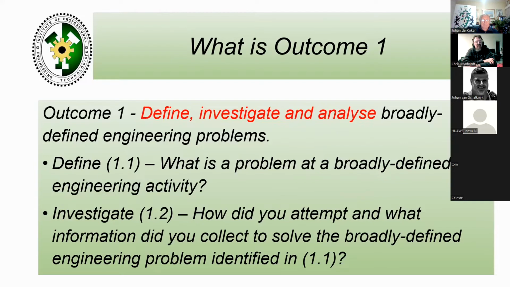Define is sub-item 1.1: what is the problem in a broadly defined engineering activity? What do you identify? What is the problem that you saw? Investigate, 1.2: how did you attempt, and what information did you collect to solve the broadly defined engineering problem identified in 1.1? So remember, keep to the same period.